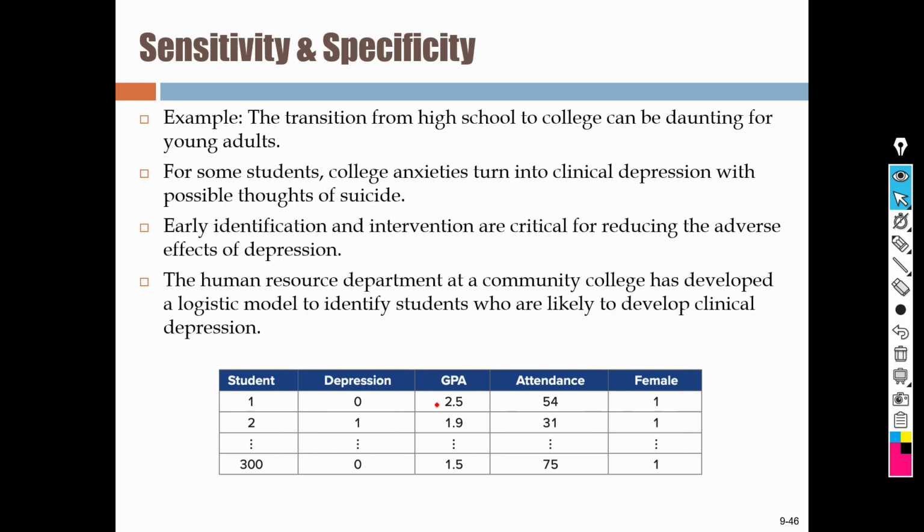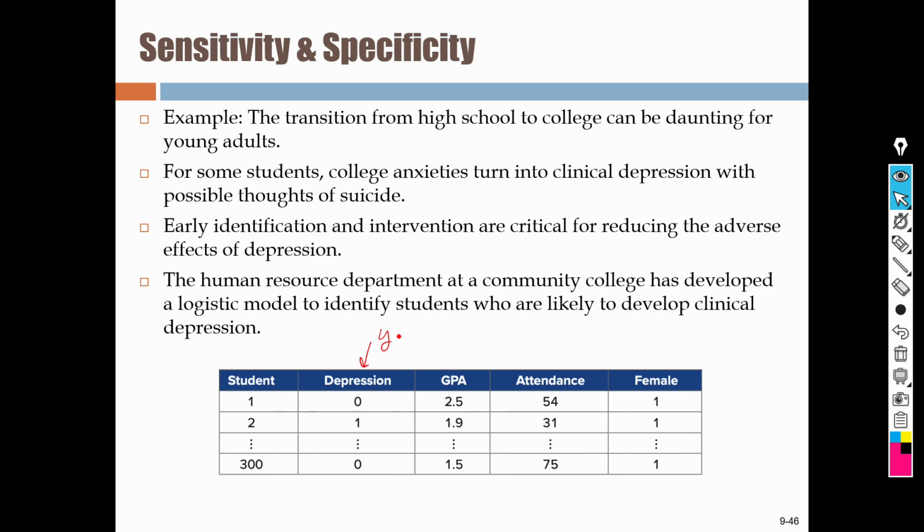So this is a transition from high school to college. Can be from young adult, has a depression or not. So this is our Y value. Some students' college anxiety turns into clinical depression.